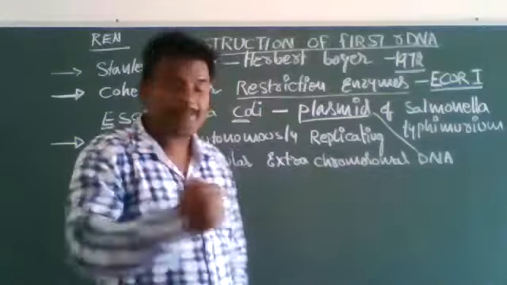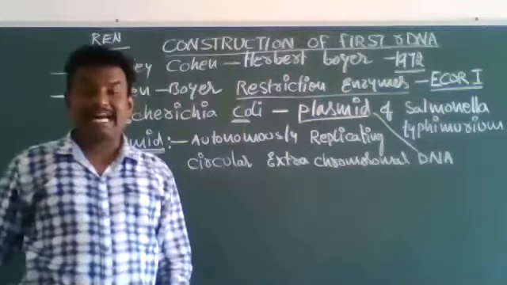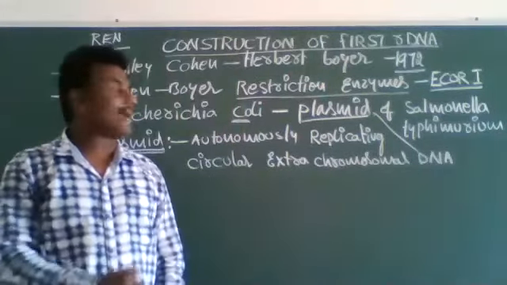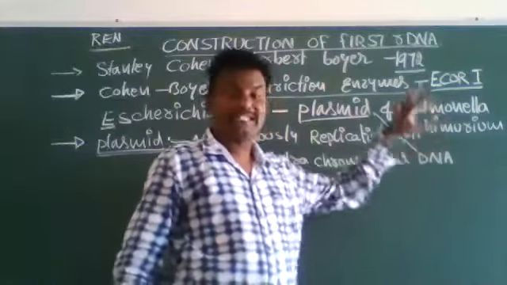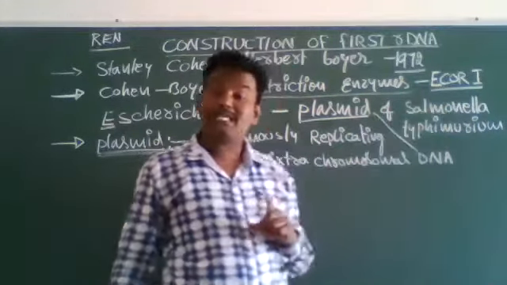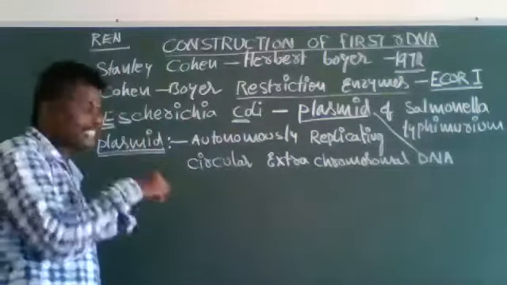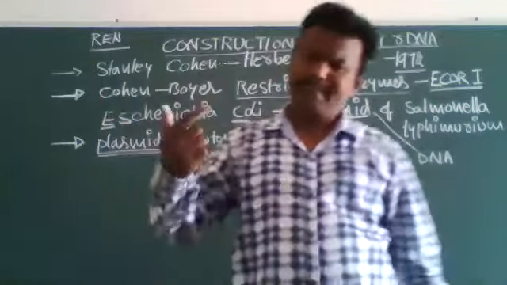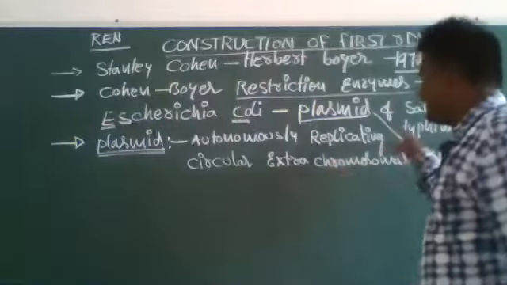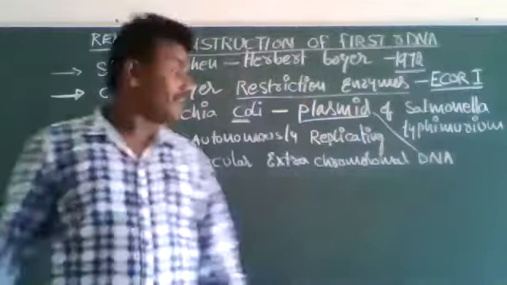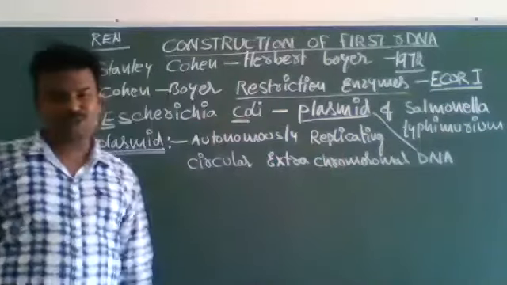That plasmid is present in Salmonella typhimurium bacteria. The plasmid nature is an autonomously self-replicating circular extrachromosomal DNA.